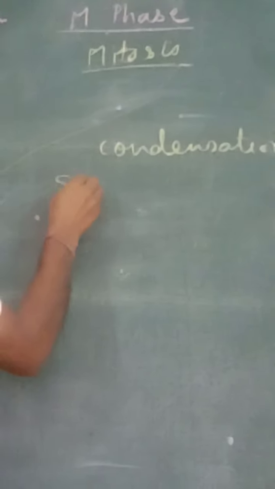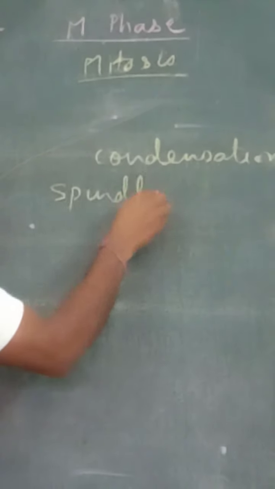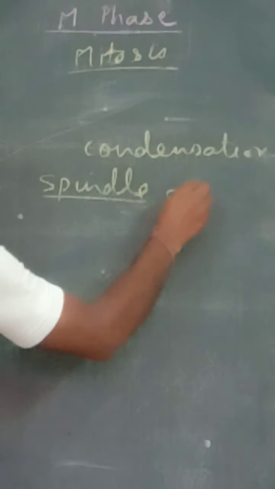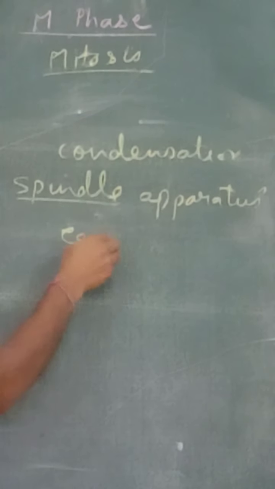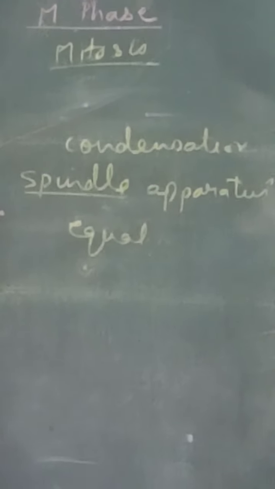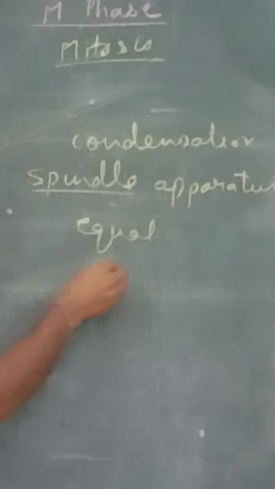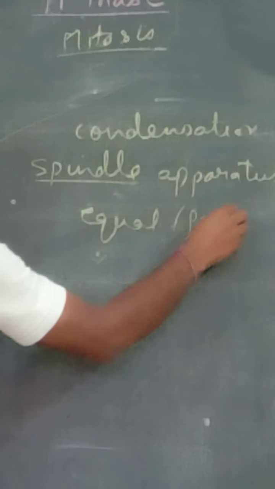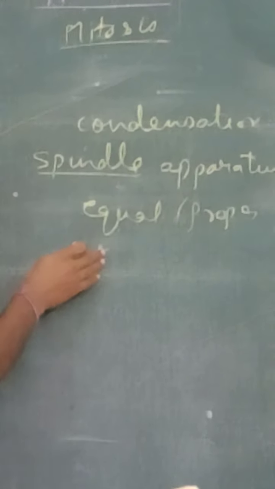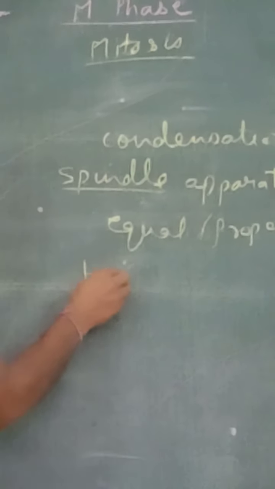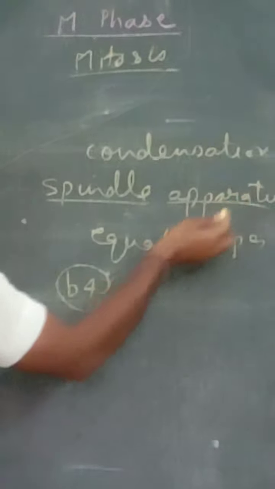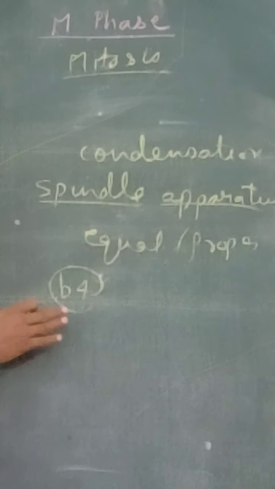Second thing is spindle. Now, what is this spindle? Spindle apparatus is meant for the equal and proper distribution of chromosomes, and it is produced before condensation. The spindle apparatus appears before condensation is complete.